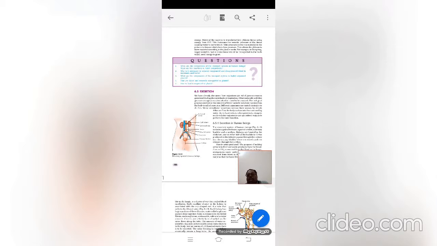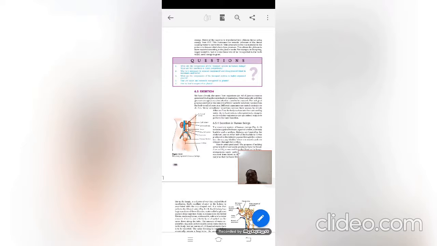Egestion is the discharge of undigested food material from the body, but excretion is the elimination of metabolic waste. That means after the reactions required inside the body, the waste that remains is eliminated, and that elimination is known as excretion.